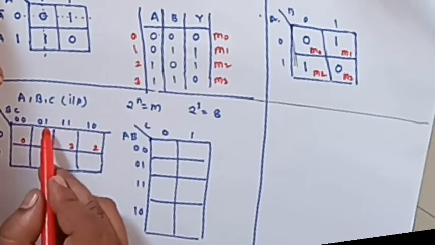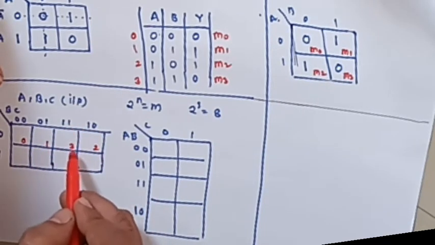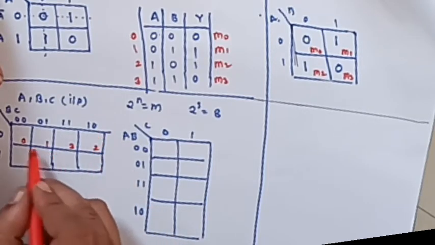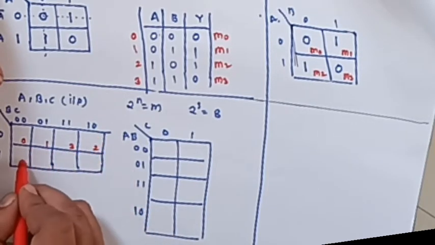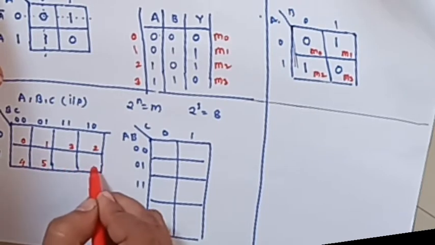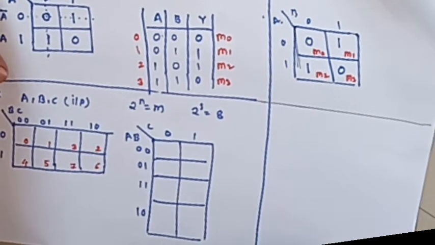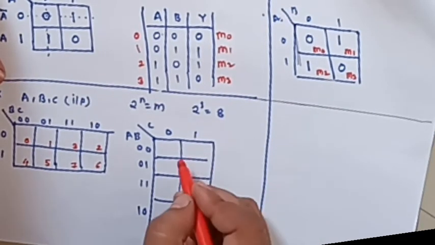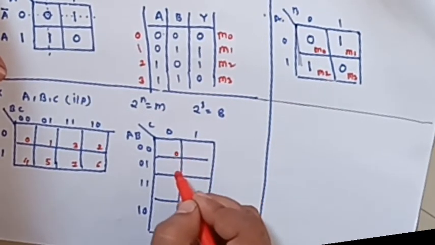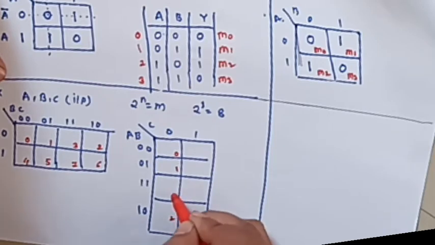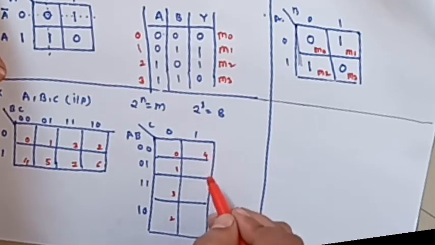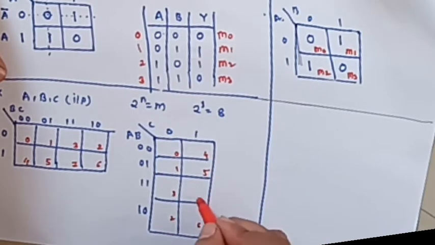So 0 0 is 0, 0 1 is 1, 1 1 is 3, 1 0 is 2. Then 4, 5, 6 and 7. Like this, you need to write 0, 1, 2, 3, 4, 5, 6 and 7.